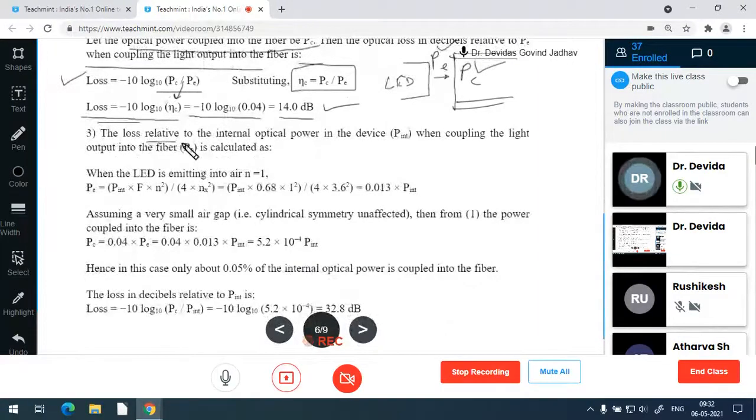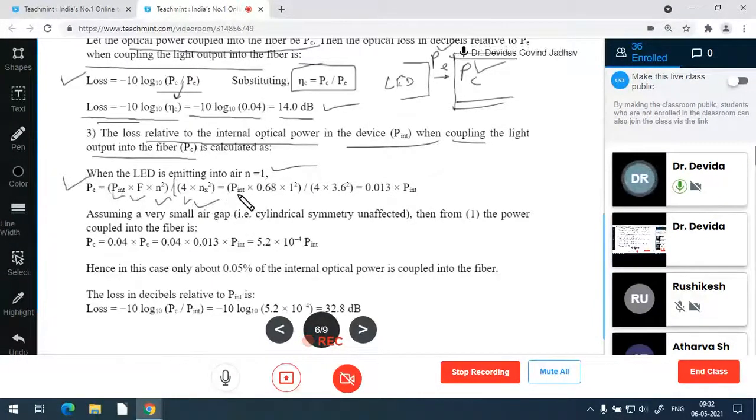Similarly, the loss relative to the internal optical power in the device, P internal, when coupling the light output into the fiber, PC, is also calculated. The LED is emitting into the air. So the emitted power can be found as P internal times F N square upon 4 Nx square.